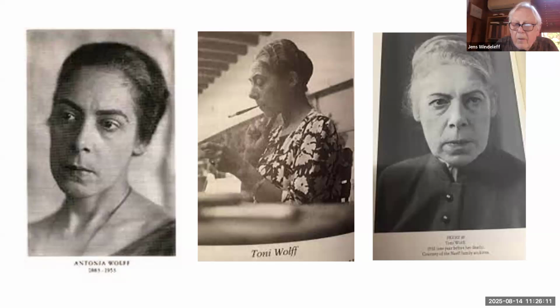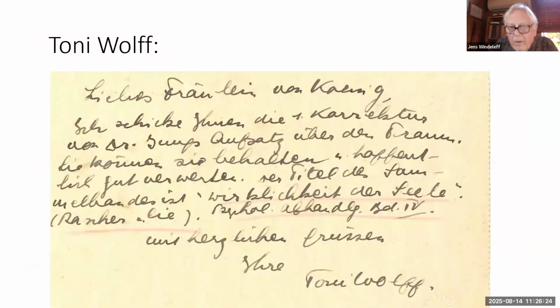And then Toni's relation with Jung faded a little out, and she was very depressed about losing her very close connection. Here we have her handwriting. Some of the female Jungians, for example Jane Wheelwright, called her cold as ice.